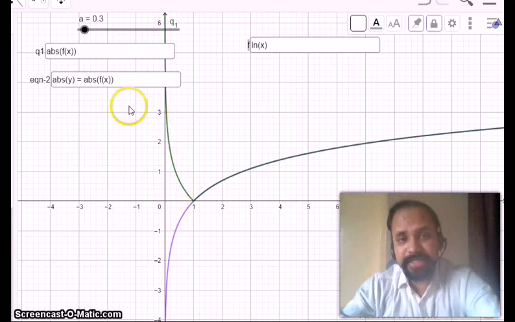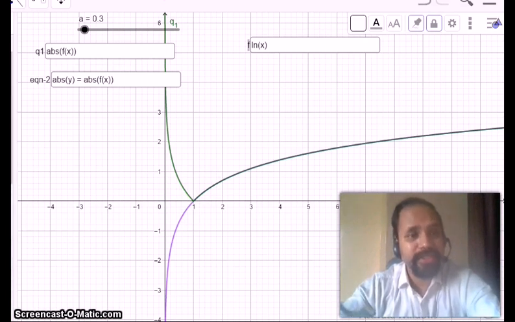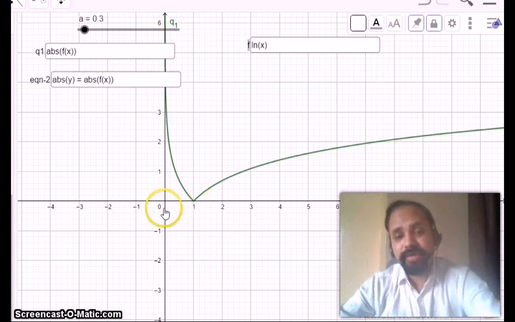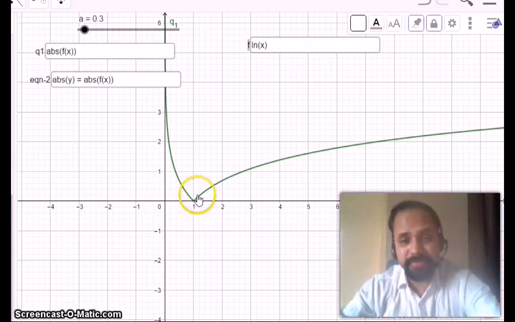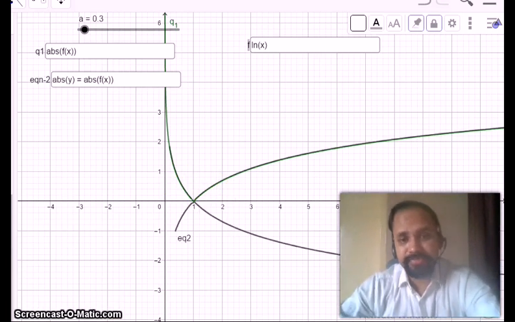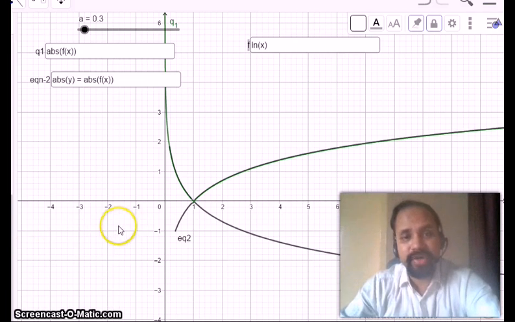The green part is mod of log x. Let us remove this log x. This is the graph of mod of log x, and again for mod of y equals mod of log x, we consider the x-axis as a plane mirror and take the image of this part. The image of this part will be this one. So this is the graph of mod of y equals mod of log x.